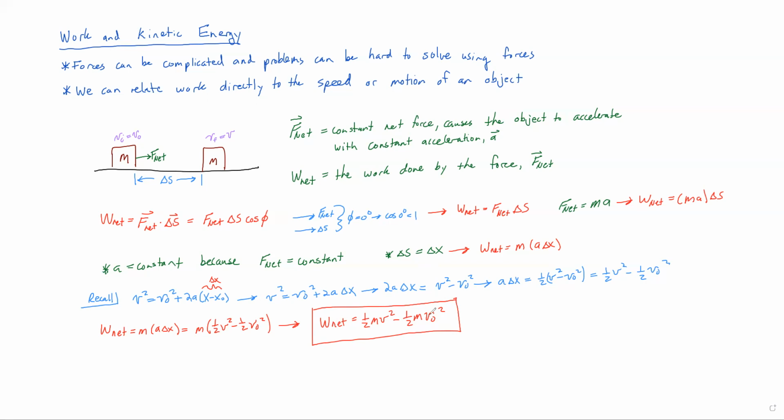If there's a net force and it's constant, I don't need to know the force. I just need to know its starting and stopping velocity. And of course, this equation has consequences to it. So what we're going to do is look more closely and see how this actually gives us kinetic energy.